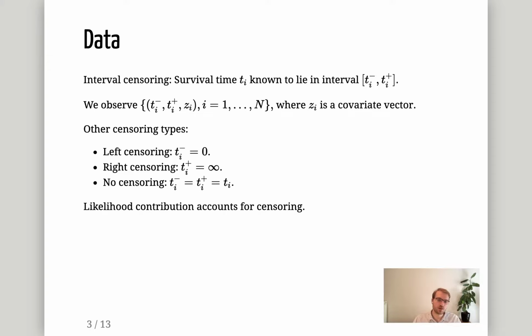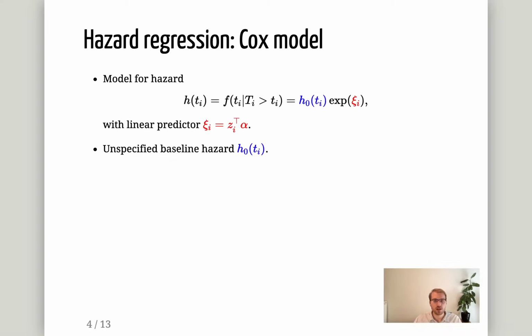Here we know that the true survival time exceeds a threshold. Another case is left censoring. And of course, the best case from an information perspective is no censoring, where we observe the true survival time. And the main idea is to account for the censoring via the likelihood contributions.